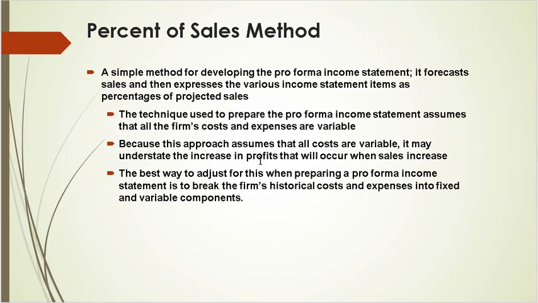If sales are going to change, is there a relationship between this line item and sales? And if so, what is that relationship? So maybe we say the cost of goods sold, that product has historically averaged about 60%. So what will the gross profit margin be?